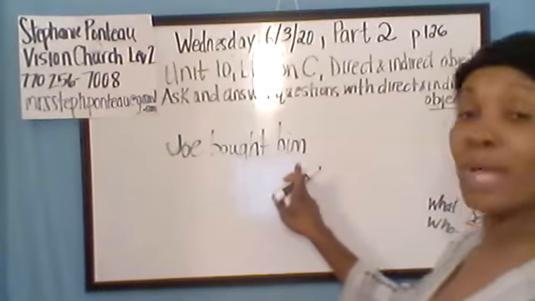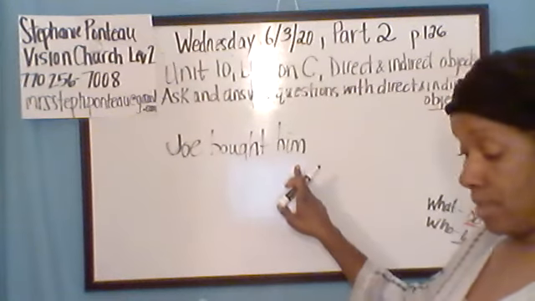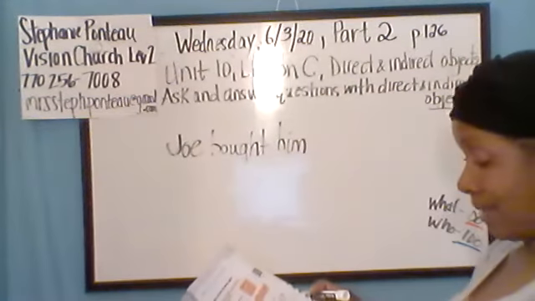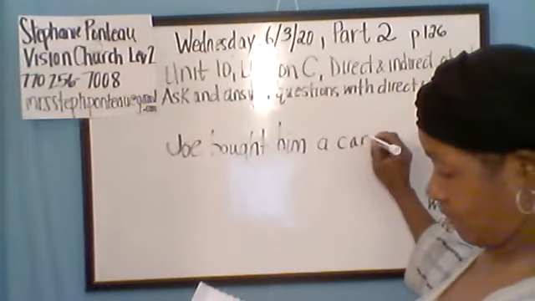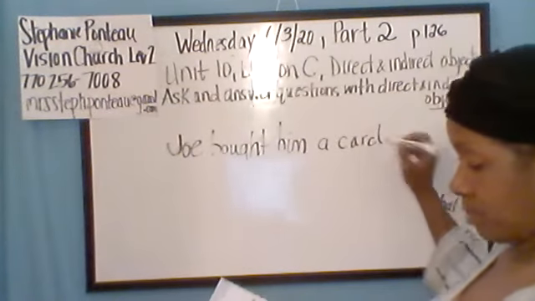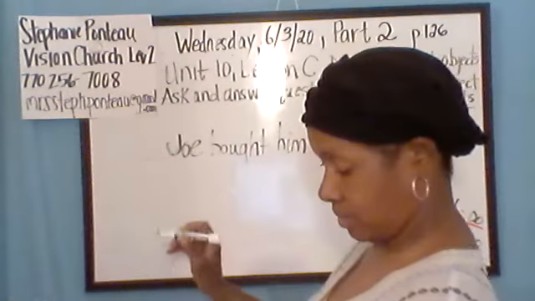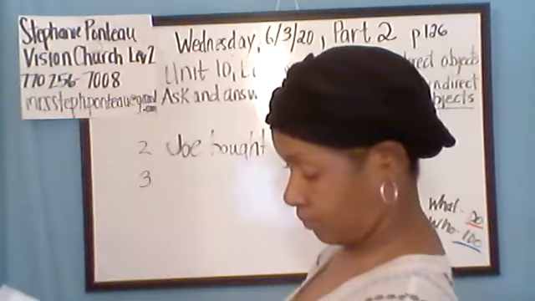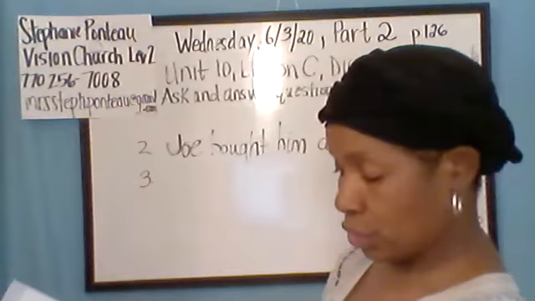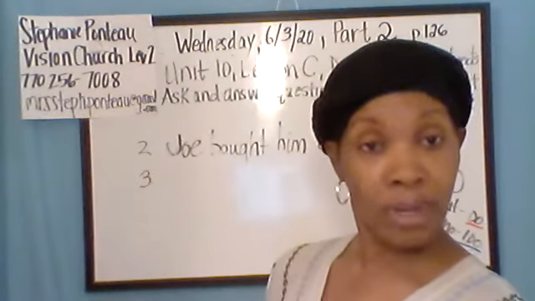So we use the pronoun him for a male. All right, so Joe bought him a card, right? If you look back up at number 2 in part A of this exercise. All right, so number 3, what did Joe write Pam? Joe wrote her a letter.